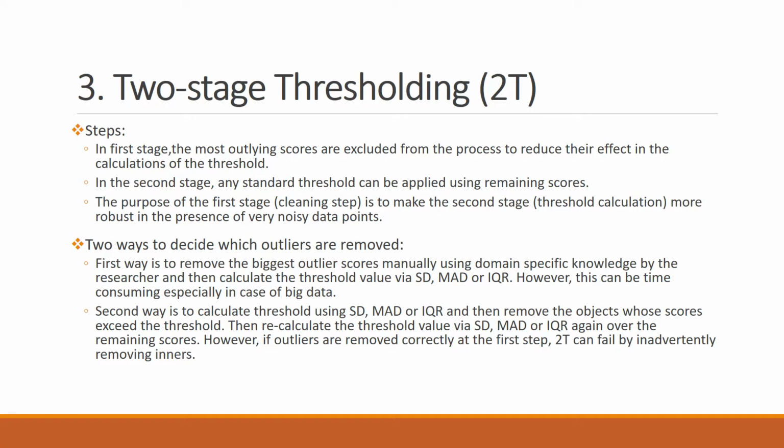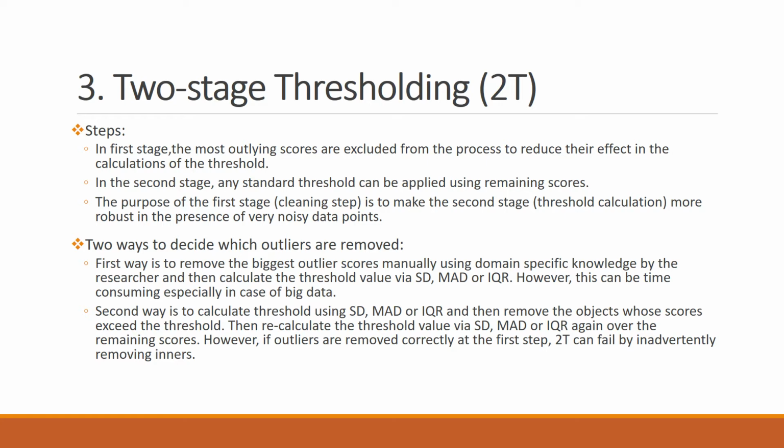Now we will talk about the two-stage thresholding technique proposed by this study. Since it is two stages, we will have a first and a second stage. In the first stage, the most outlying scores are excluded from the process to reduce their effect in the calculation of the thresholds. So it is pretty simple.